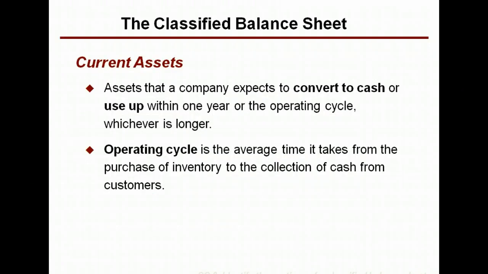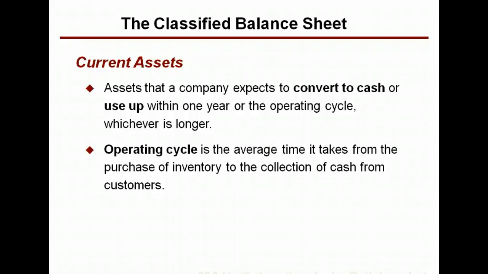Let's go back to how we classify things then. Back to the original classification. What's the difference between a current asset and a non-current asset? Current assets are those that a company expects to convert to cash or use or consume within 1 year, or their operating cycle, whichever is longer.